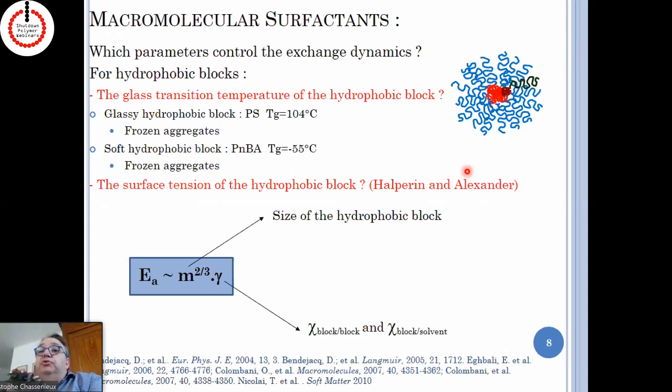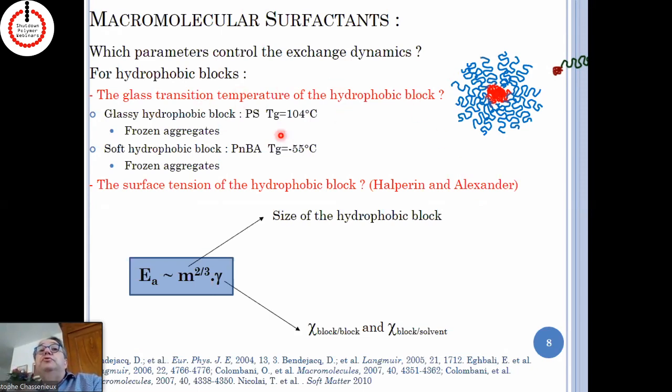It also requires some energy for these diblock chains to escape from the micelle and go to water. So the mobility is related to the glass transition temperature of the hydrophobic block.